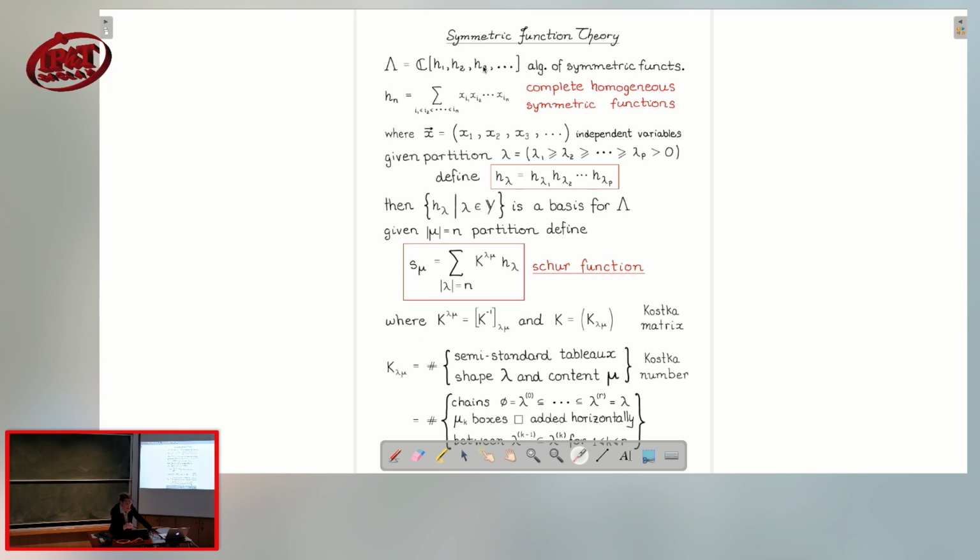These are going to be written as power series in some auxiliary variables x's. So we have some extra system of independent variables, x1, x2, x3, etc.